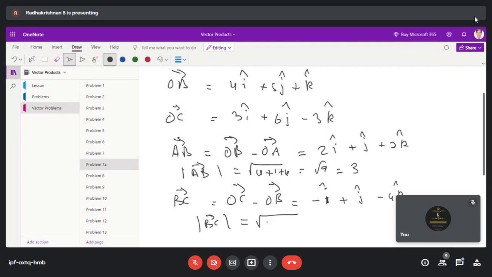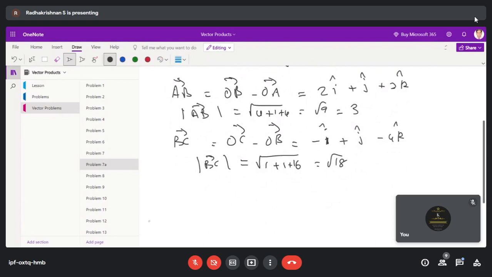Okay, again, root of 1 plus 1 plus 16, root of 18. So, what is CA?